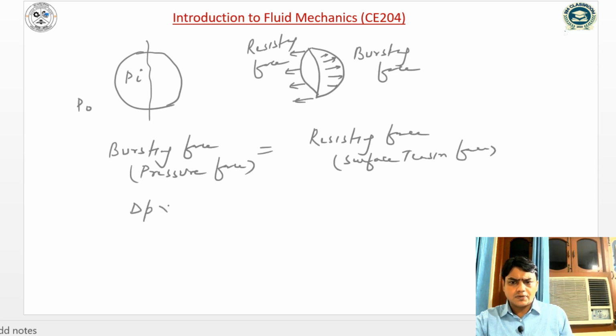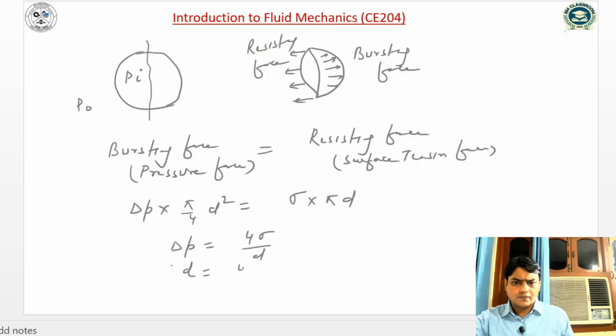So delta P into pi by 4 d square is equal to the resisting force, sigma into pi into d. So here delta P is equal to 4 sigma by d. We have to find the diameter, so diameter is equal to 4 sigma divided by delta P.